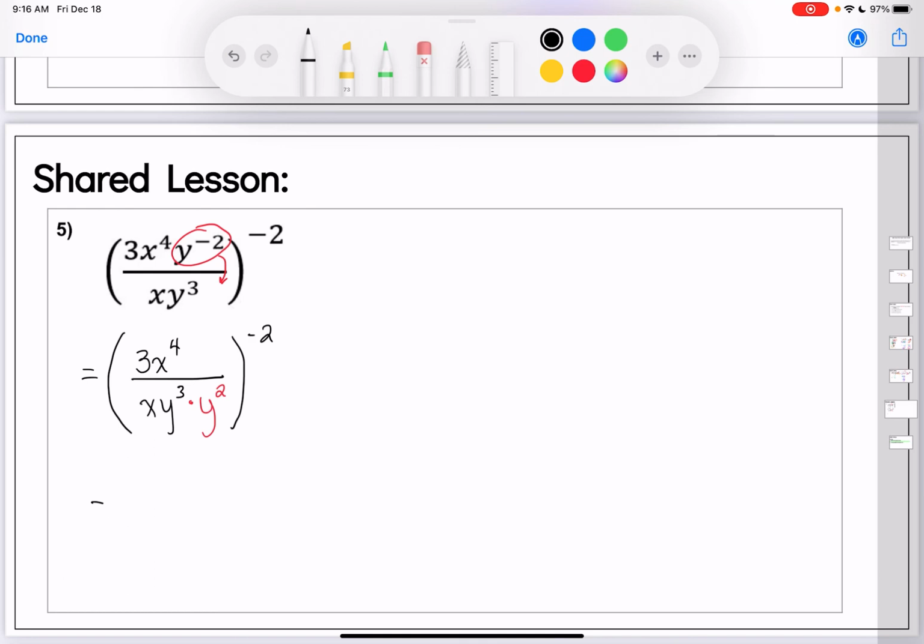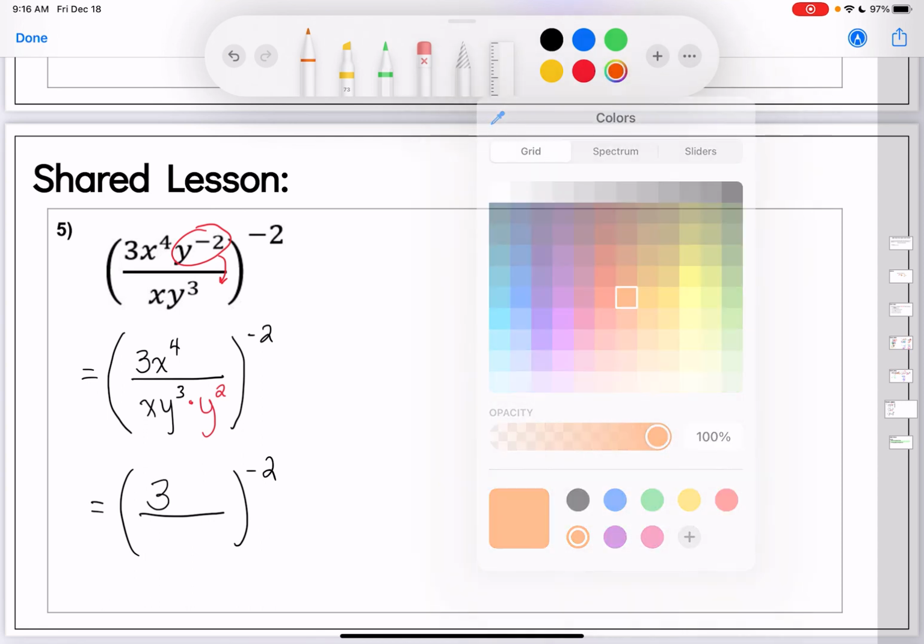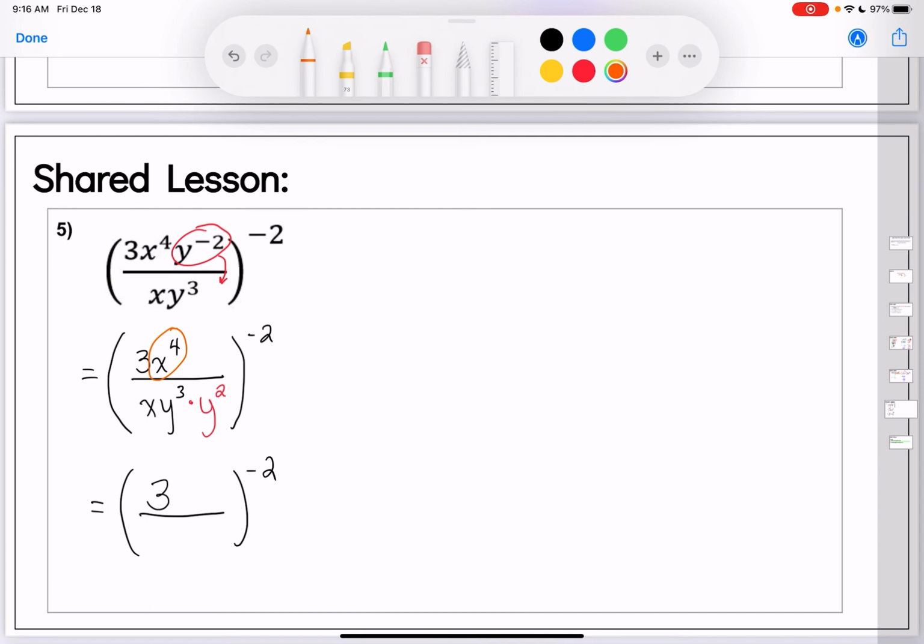Okay. And again, I'm just going to keep trying to simplify here. So my parentheses with my negative second power outside is staying how it is. Looks like my coefficient of 3 doesn't have any buddies here, so it's going to stay how it is. But I do have an x to the fourth on the top and an x to the first on the bottom. So if I subtract my exponents, 4 minus 1 is 3, so I'll have x to the third left.